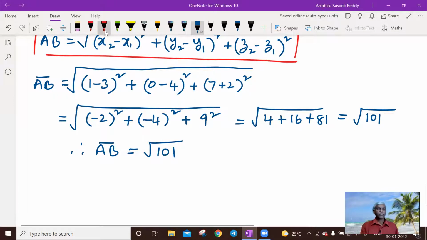Now let us take up one more question from the exercise, first problem.